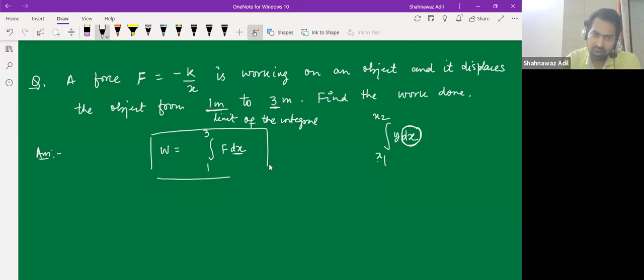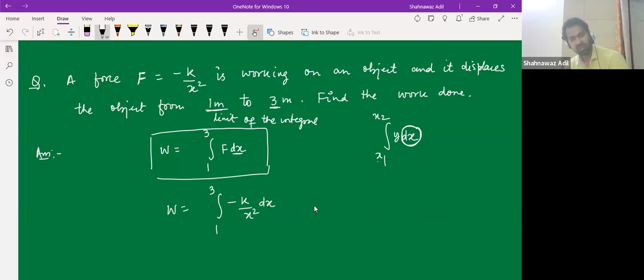And you already know that your F is how much? This is a constant, so minus k by x. Let me write it as x squared. So k by x squared. Please calculate and tell me what would be the work done. You already know the integral, right?